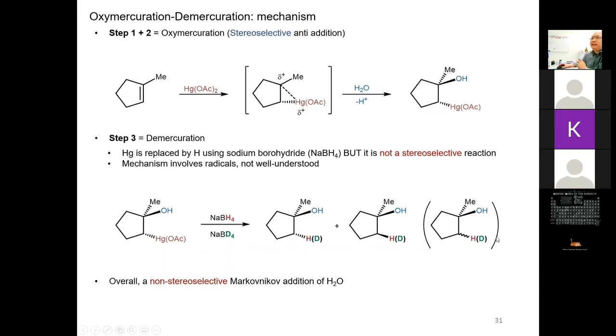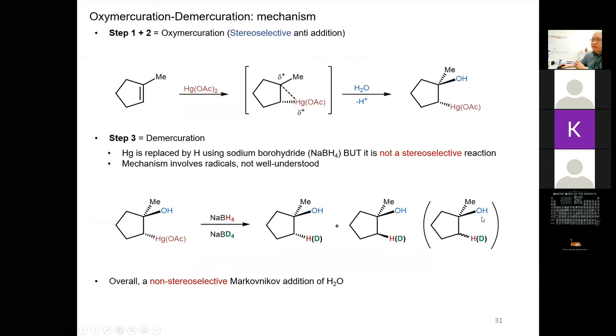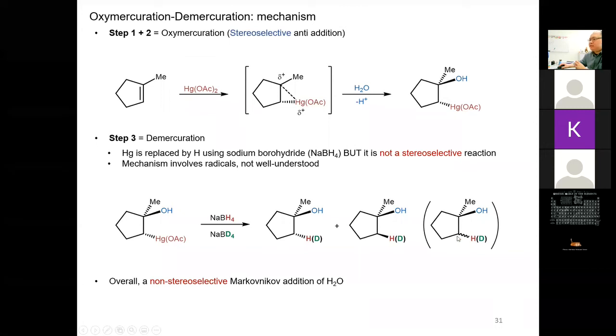All right, and the net result is that from an alkene, you do the oxymercuration-demercuration sequence, you get the hydration product, but not stereoselectively. Okay, then the H added can be on the same side of the OH or on the other side of the OH. So this may not be important here because there is another H here.